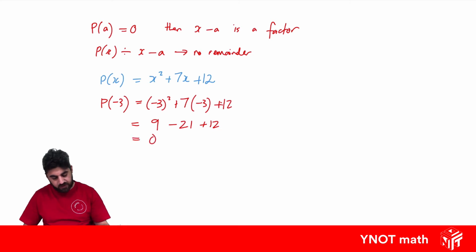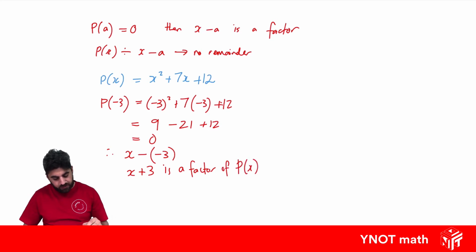That's actually going to give us 0. So we can say, therefore, x minus our a, which is minus 3, which is x plus 3, is a factor of P of x. Which means, if we took our polynomial P of x and divided it by x plus 3, we'd get no remainder.